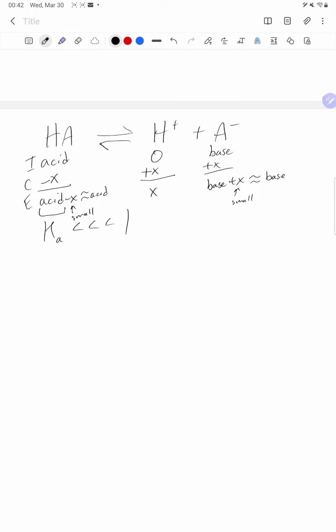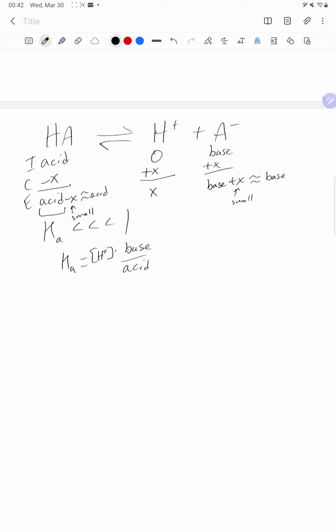So now we end up getting the expression that Ka equals x times base over acid. x is just your equilibrium concentration of H+, so let me write that in, H+.